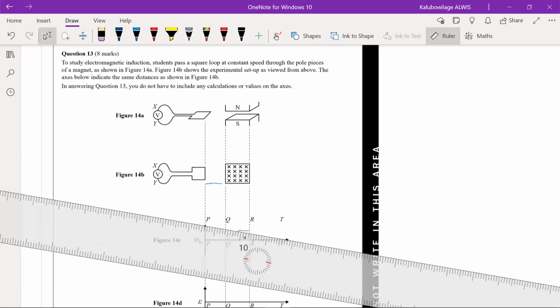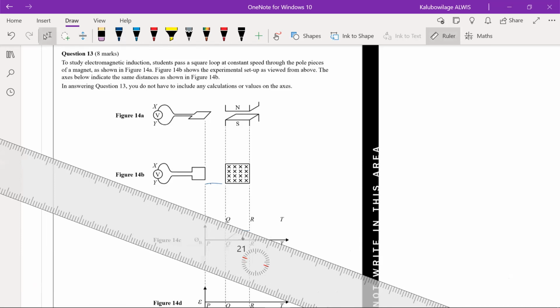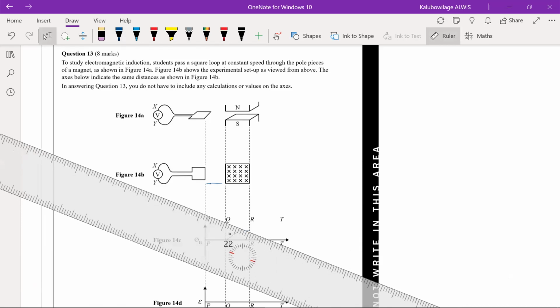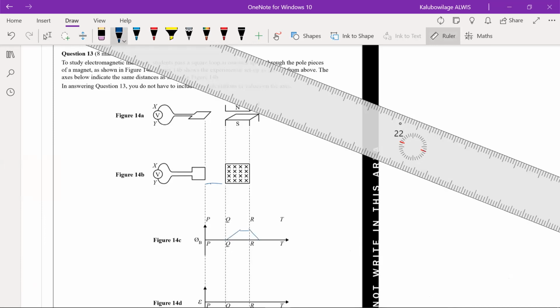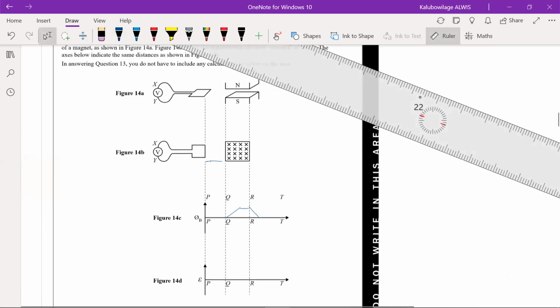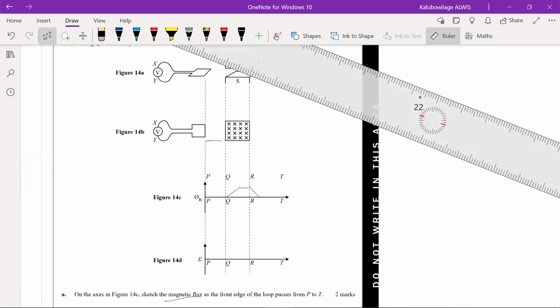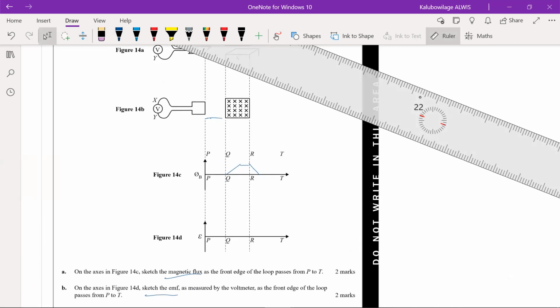And then the magnetic flux starts to decrease as it exits. And EMF is the negative gradient of 14C. At Q there's no change. And after it exits, it's a negative gradient, but because of Lenz's law, the sign flips.